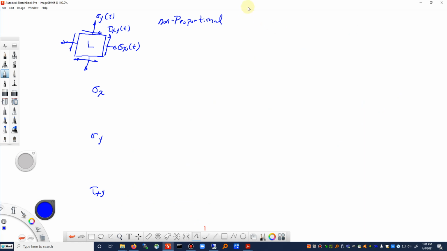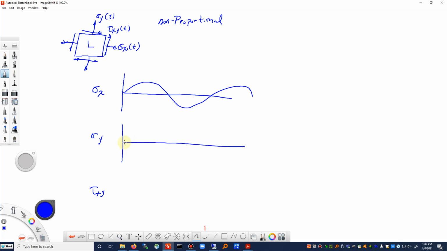All right, so non-proportional would be we have all different functions of time. So maybe sigma x does something like this. Maybe it's still a sine wave type function. Maybe sigma y has an increased frequency.